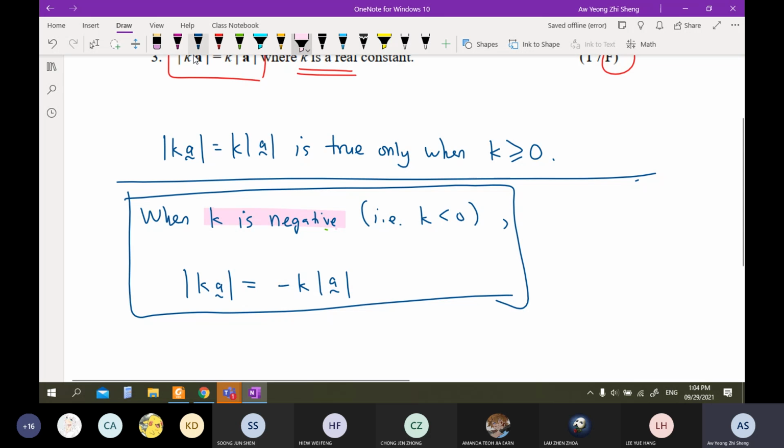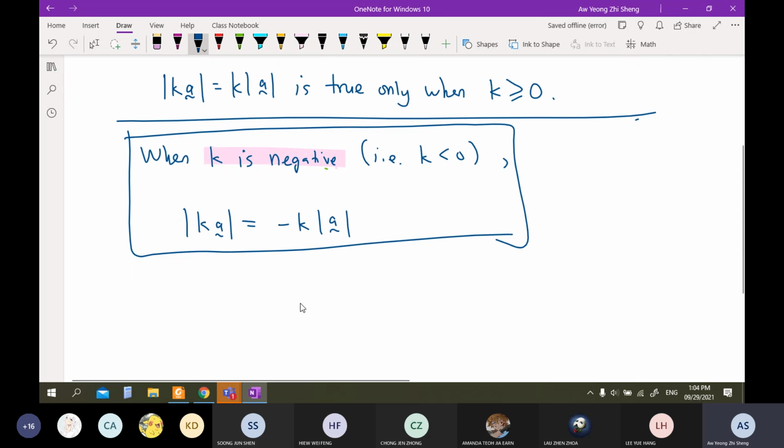Okay, so let's take an example. If I have a vector A, and I have negative 2A, which goes in the opposite direction. For simplicity, let A have length 1 unit, then negative 2A will have length of 2 units.